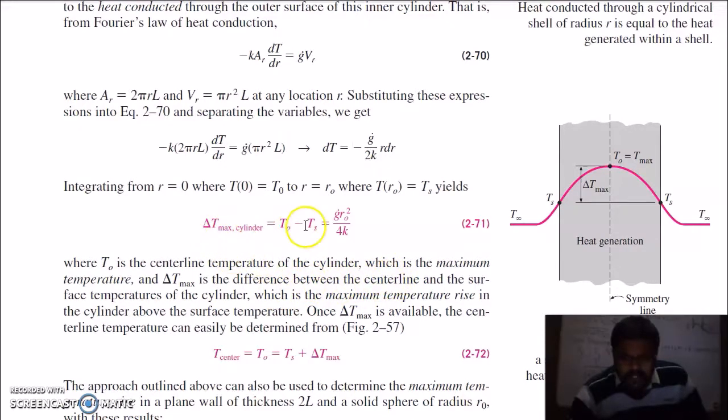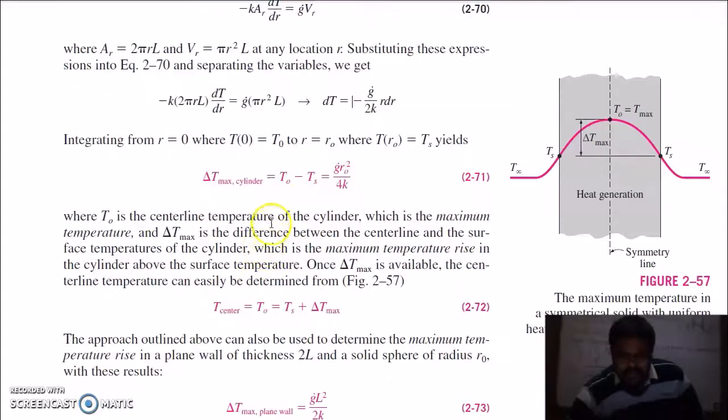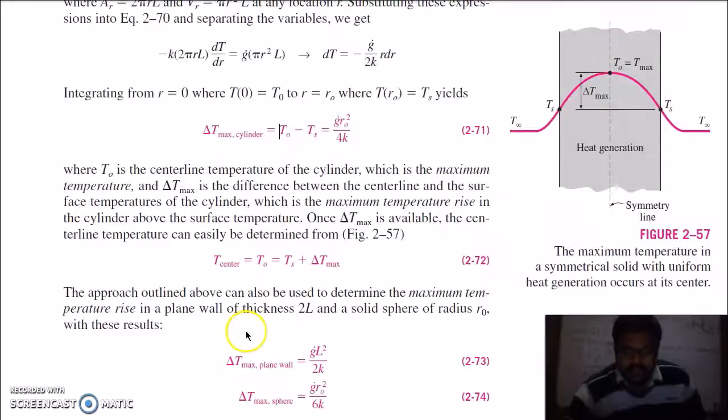So you will get this equation here. So you can find this temperature T naught here, which is the temperature at centerline. This approach can be used to find the maximum temperature in case of heat generation in the wall. Means you can find this temperature T naught, which is the maximum.